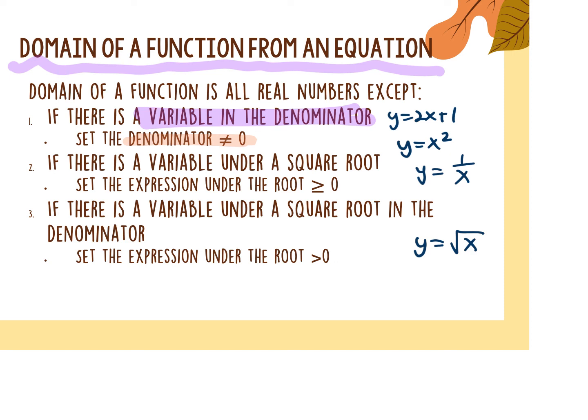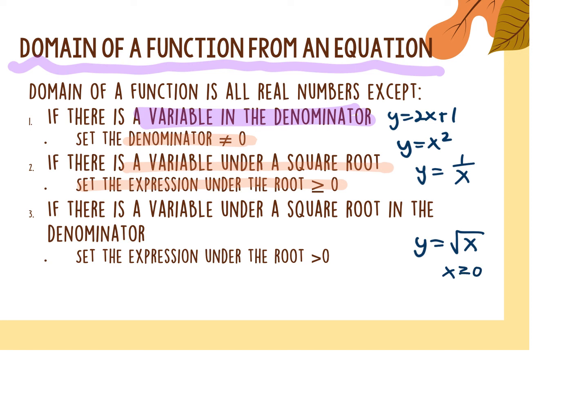So these would have to be anything 0 or bigger than 0. Does that make sense? So when there's a variable under a square root, we set whatever's underneath the square root greater than or equal to 0, and that's how we figure out what values we can use. So in this case, x has to be greater than or equal to 0.